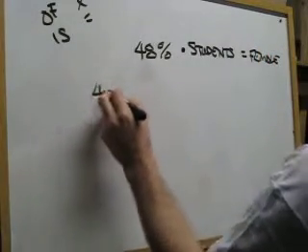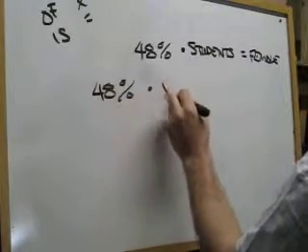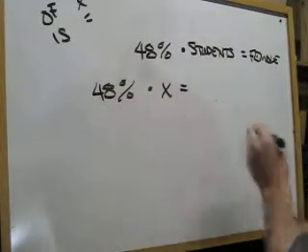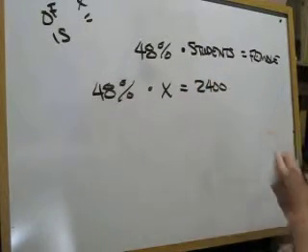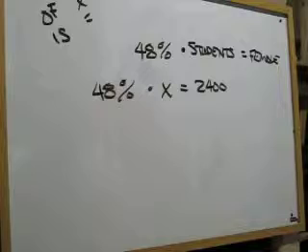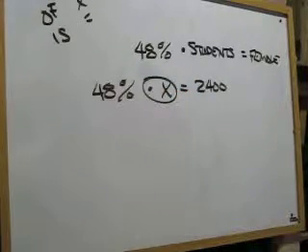Okay, so 48% of the total students are female, and how many female? 2,400. So what we're looking for is, obviously in the question, what is the total number of students? That's why I put an X there.